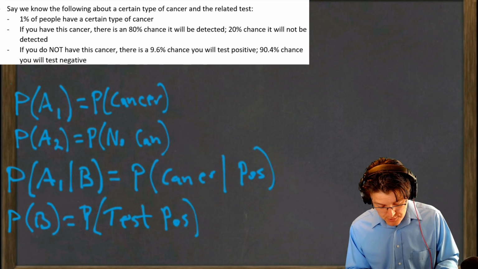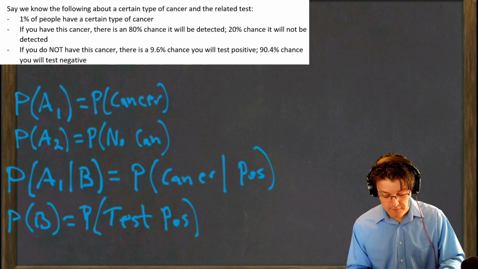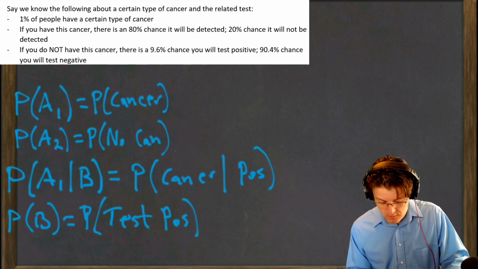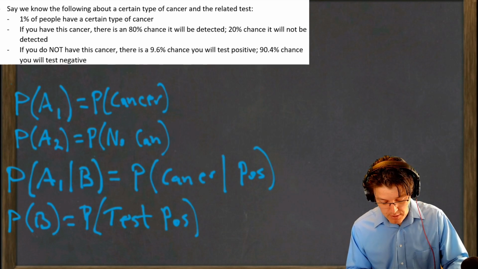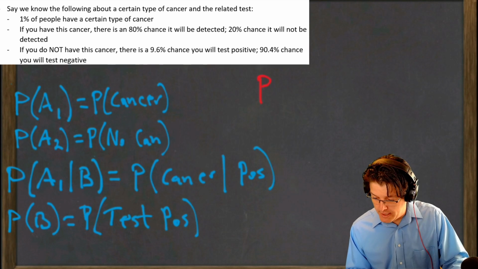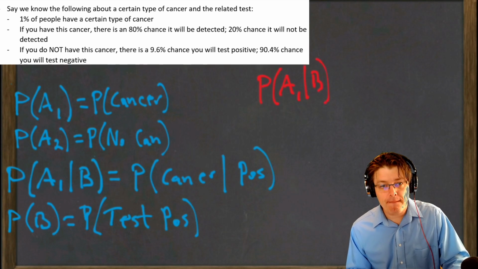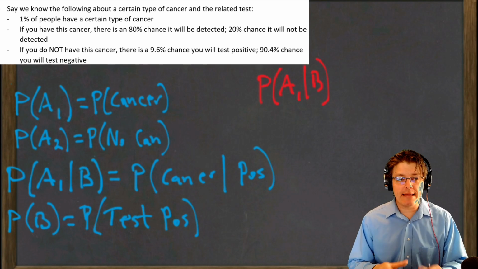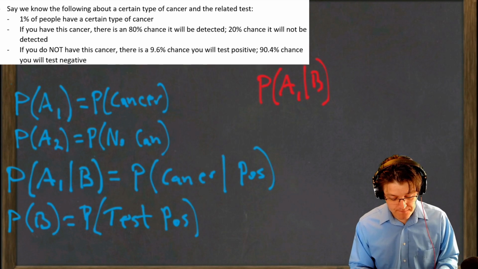I'm going to try to shrink that, but maybe we'll just have to refer to it. Okay, so what we're interested in here is the probability of A1 given B. And what is that? That is the probability of cancer given that we test positive.